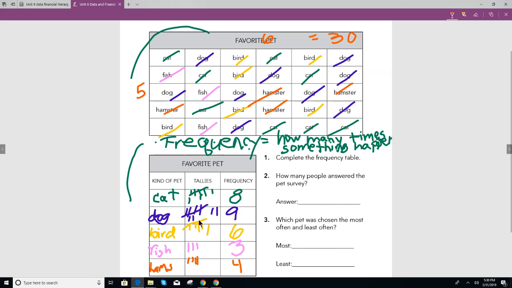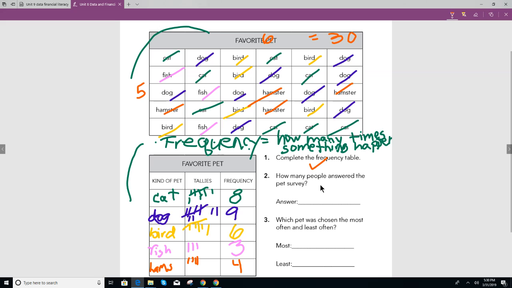Now I can sit here and count all these tally marks, or I can add these up. 8 plus 9 is 17, plus 6 is 23, plus 3 is 26, plus 4 is 30. Okay, so we completed the frequency chart.